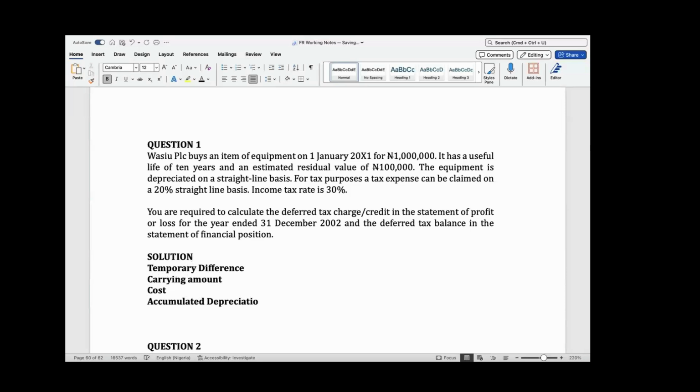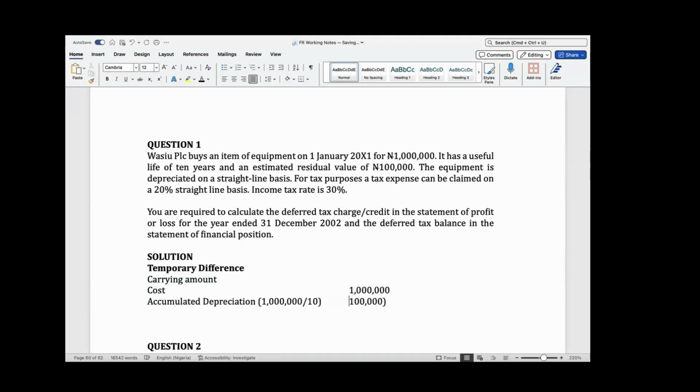What's the cost of this asset? The cost of this asset is 1 million in 2001. Your depreciation is simply 1 million divided by the useful life, which is 10 years. My depreciation is simply 100,000.